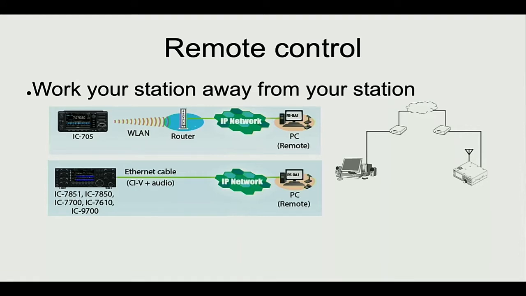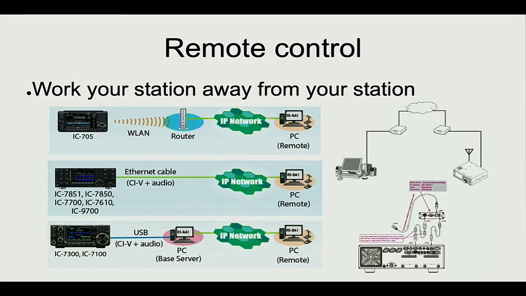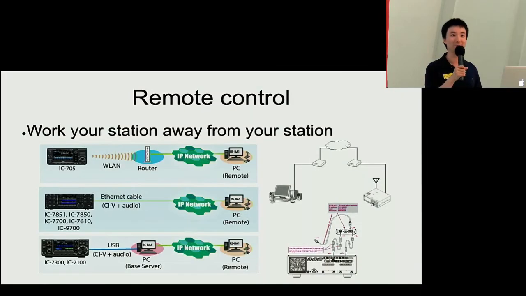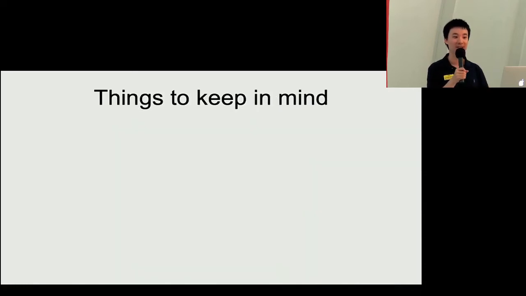With that, you connect it with a wire into your router or modem and get to the internet from the radio. And for some other ones, usually the lower priced or more basic models, it requires a dedicated PC to act as the server. But one way or the other, most modern radios have a way to let you remotely access them from anywhere with an internet connection. Now, before you start saying, wow, that's cool, there's a couple of things to keep in mind.